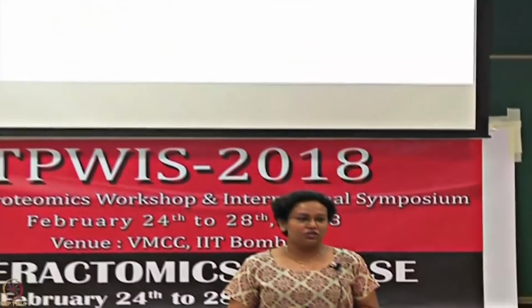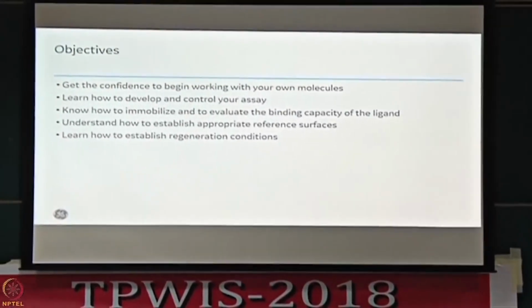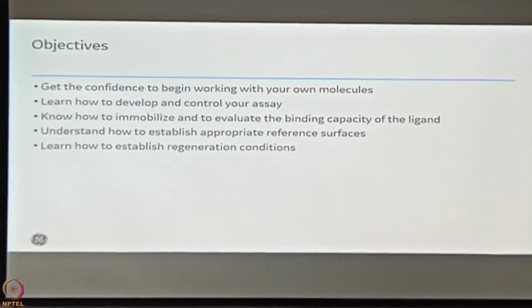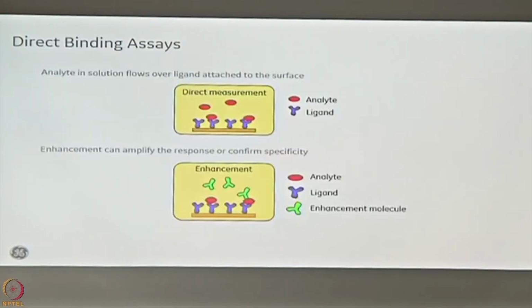What are the optimizations that you would like to do, first of all, how does the assay look like, then which one can be a ligand, what can be an analyte, what are the different reference surfaces that you can use, and very important also, we talked about regeneration. How do you optimize the regeneration condition, because if your regeneration is not perfect, your runs typically do not go so well, right.